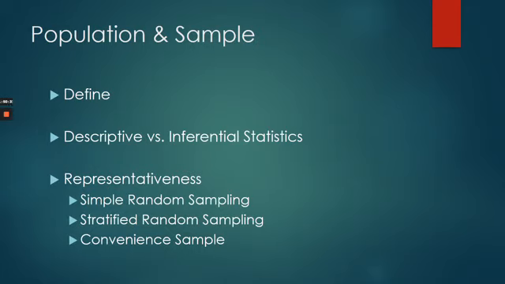Then we have inferential statistics. Inferential statistics are using the data that you collected from your sample to make inferences about the population. That's where the p-values come into play. Looking at my data, it says there's a difference between narcissist and not narcissist on aggression, and my p-value is less than 0.05.